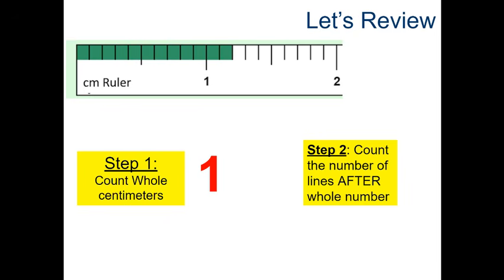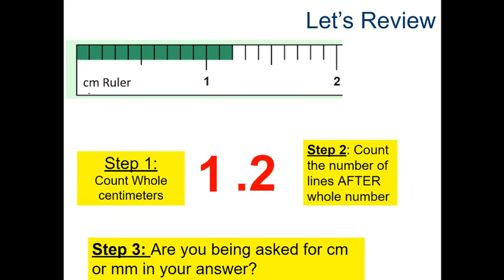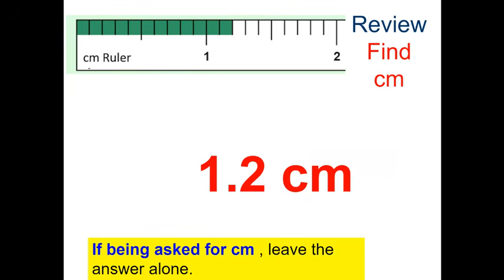So for this example, that would be 2. So if we're at step 3, we're being asked for centimeters or millimeters in your answer. So if we need to find our centimeters, then it would be 1.2 centimeters. And then you can leave that answer alone.